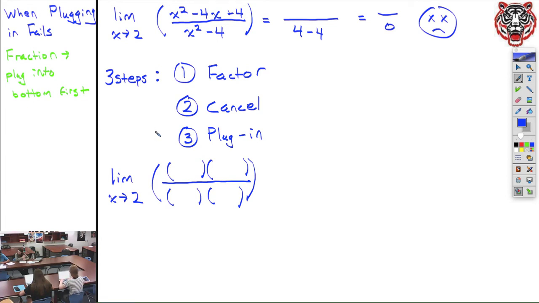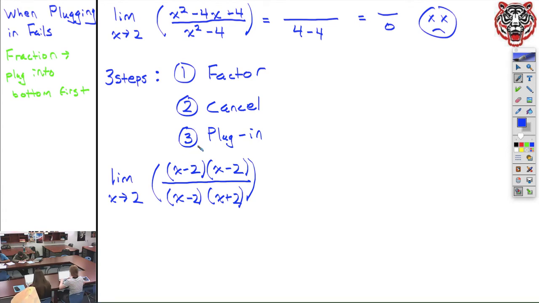Do you have the bottom factored? What did you get? x minus 2 and x plus 2. You're correct. And the top is x minus 2 squared. Yes, that is correct. I'm going to just write it twice because it makes it look nicer.